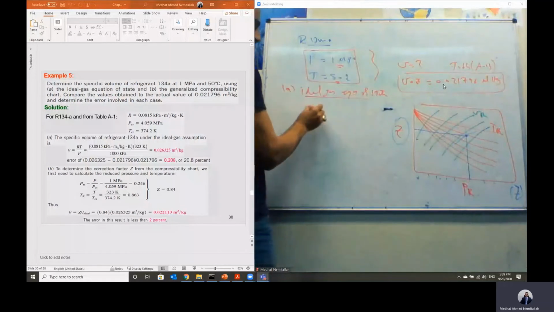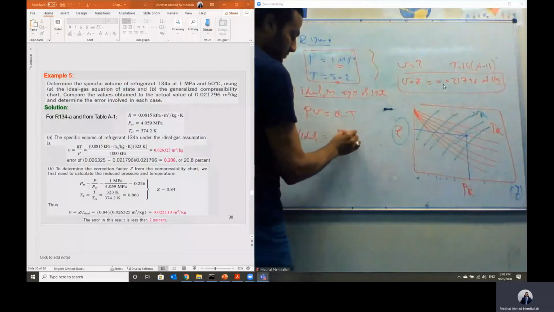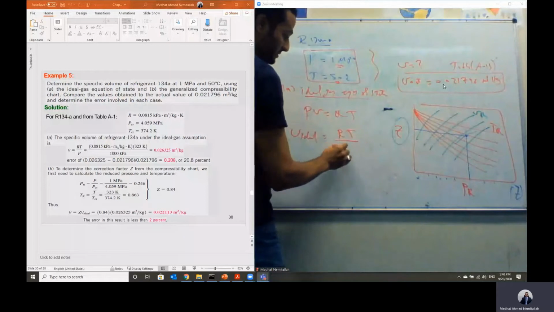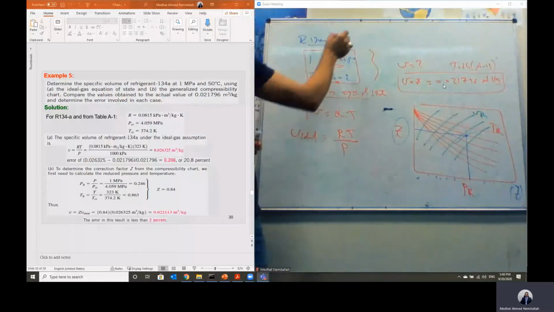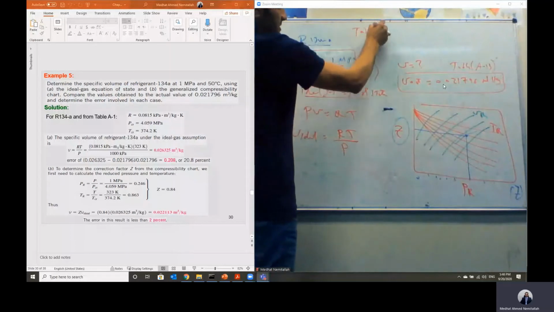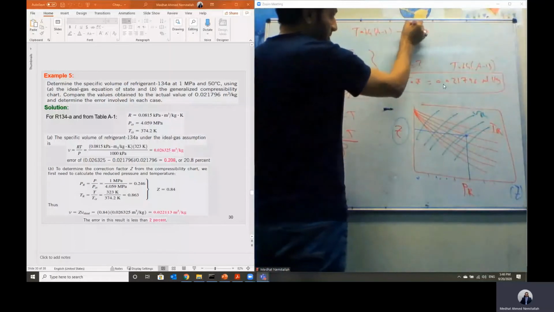Then in this case, we can say the ideal specific volume, calculated using the ideal gas equation of state, will equal RT divided by P. We get R from table A1, which is a very important table for all gases.